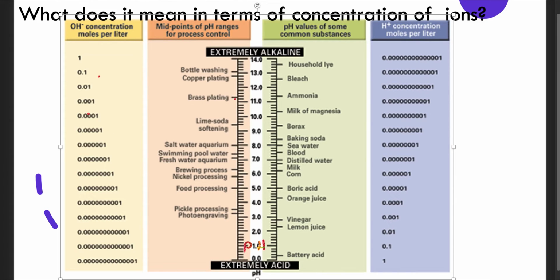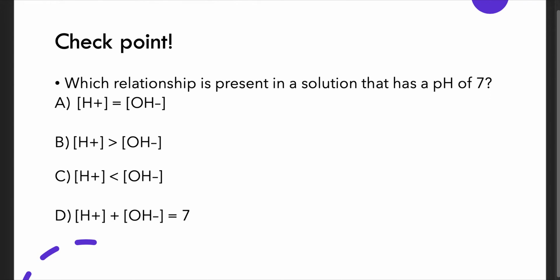All right, so let's take a look at some examples. Which relationship is present in a solution that has a pH of 7? If you guys recall from earlier, the concentration of the hydrogen ion and the hydroxide ion is going to be equivalent here.